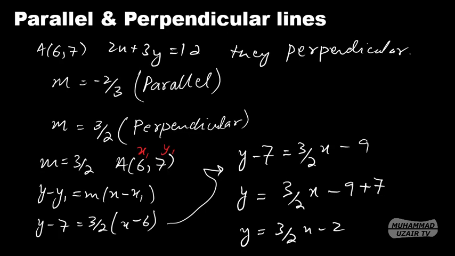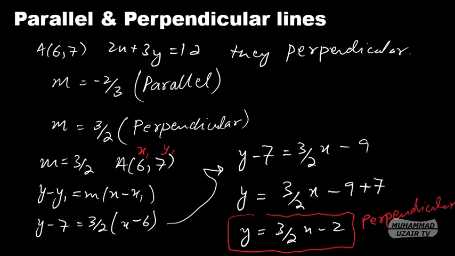So this is the equation of the line for point (6, 7) and slope 3 divided by 2, when the two lines are perpendicular to each other.